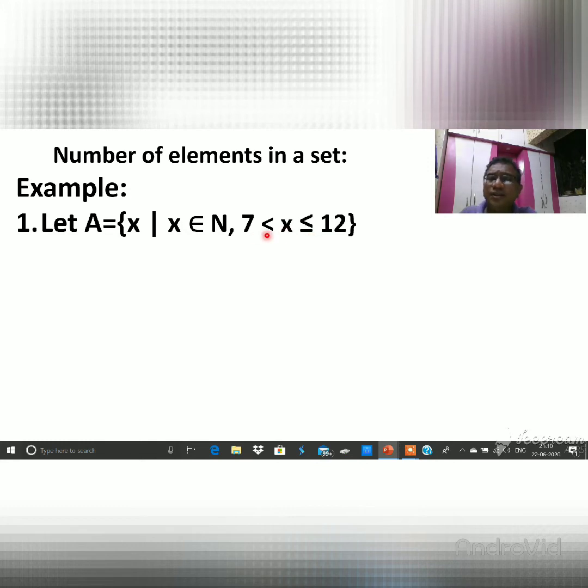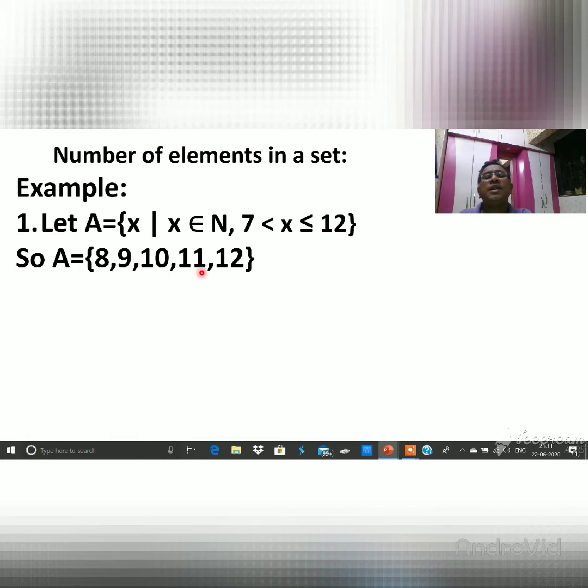This x is a natural number greater than 7, so the number greater than 7 is 8, up to 12. So the set is written here as 8, 9, 10, 11 and 12.